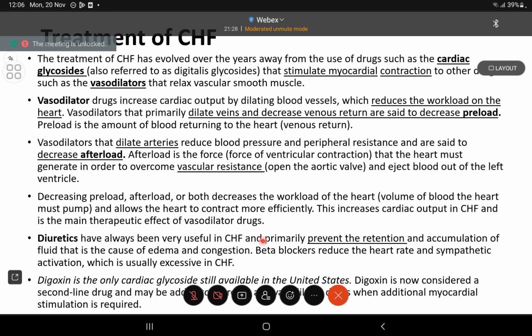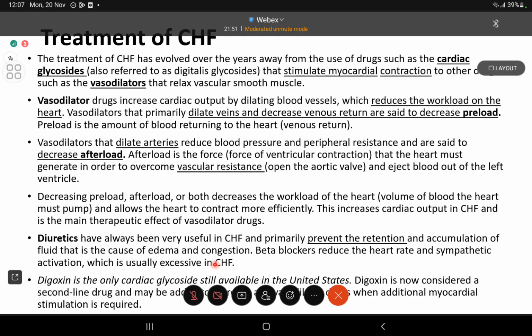So the water can accumulate and may cause edema and congestion. So normally we use diuretic to help the patient excrete the extra water and ions from the body, to prevent congestion and edema.